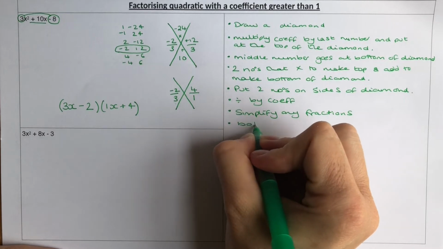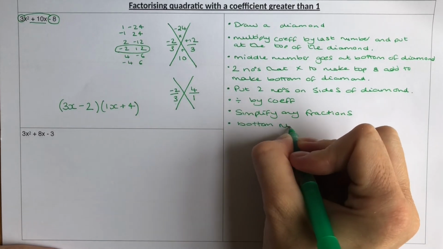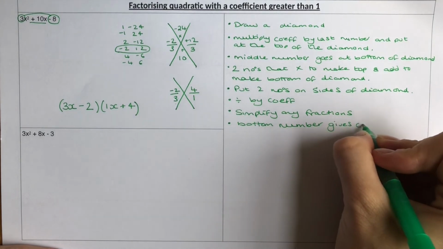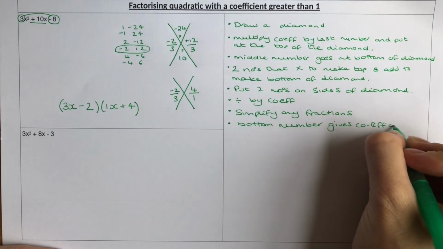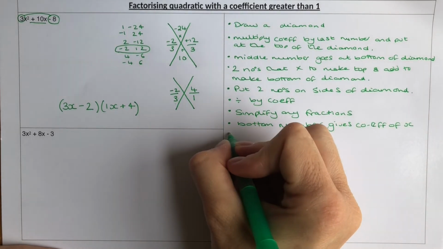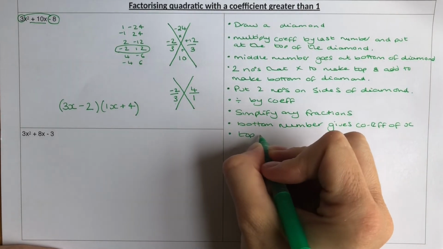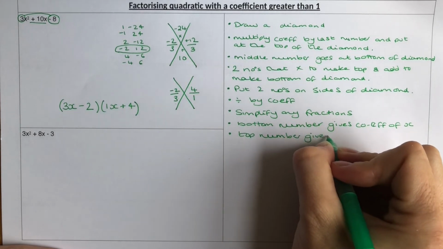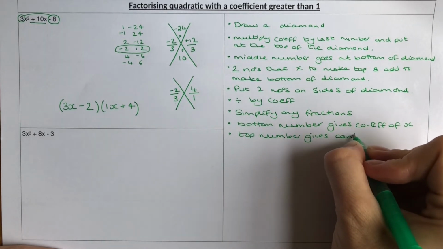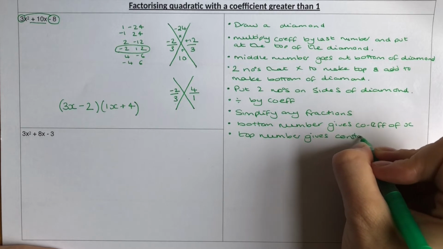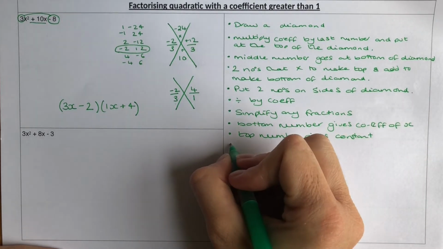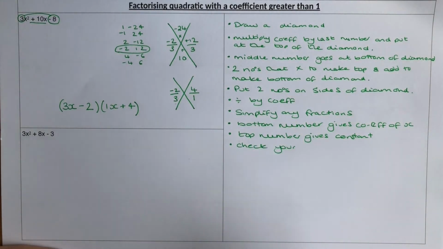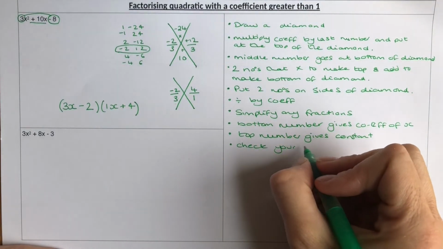So the bottom number gives the coefficient of x, and the top number gives the constant. If you're not sure, check your answer. And what I mean by that is draw a grid, times it out, and you should get back to your question.